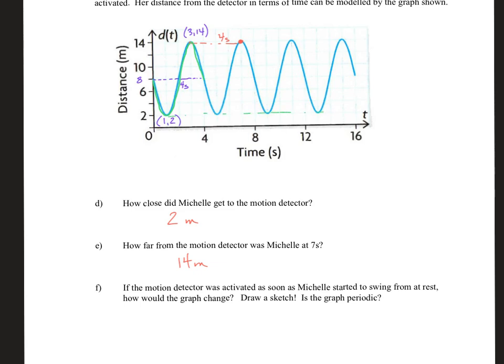Notice, she always got to 2 meters and she always got away 14 meters. That's incredibly consistent. The other part being she does it in exactly the same amount of time every time. That full swing takes 4 seconds, never changing, which is remarkable.